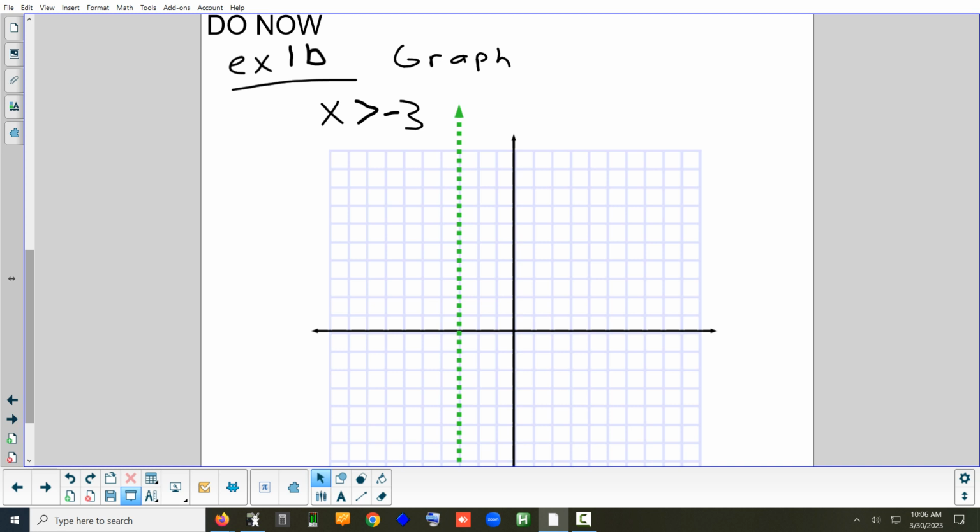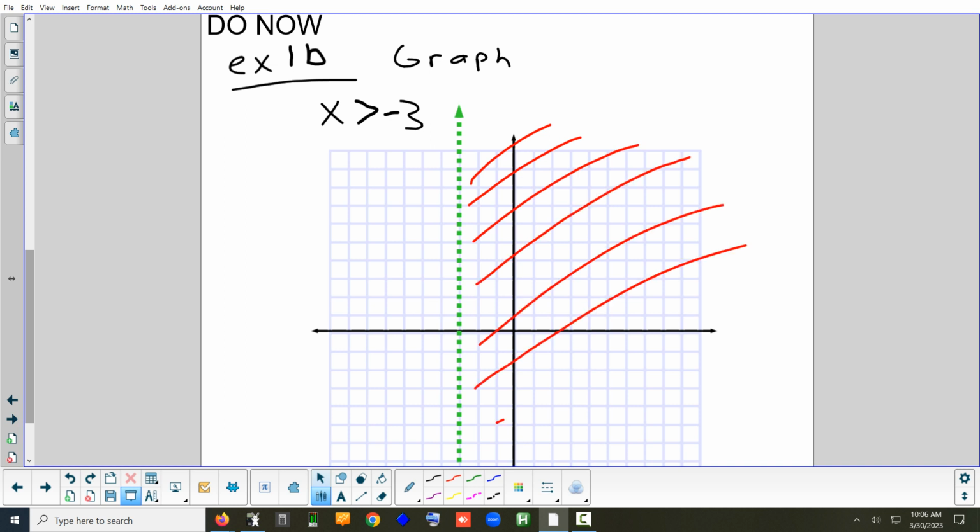But the last thing I have to do is shade. And because it's vertical, we don't have an above and a below. We got a left and a right. Where do I shade in for left or right? Oh, right. Yeah, we're going to shade to the right because it's a greater than. So you shade everything to the right.